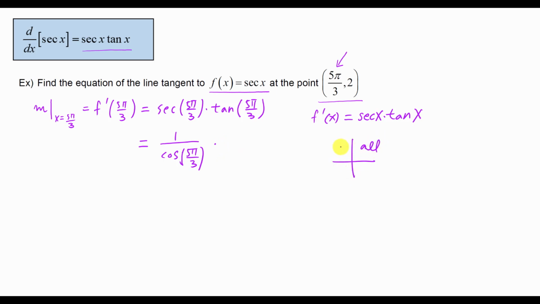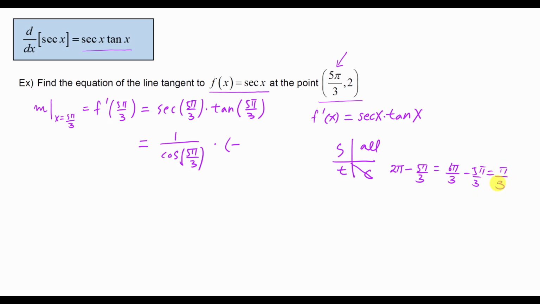So all students take calculus. So in quadrant 4, only cosine is positive. So tangent's gonna be negative. And since it's an angle in quadrant 4, the reference angle will be 2 pi minus theta. Your theta is 5 pi over 3, so it's 6 pi over 3 minus 5 pi over 3. So your reference angle is pi over 3.